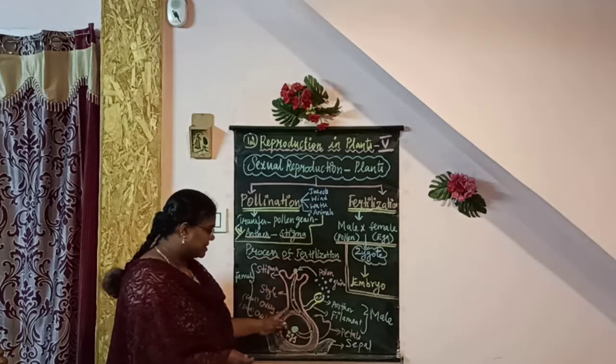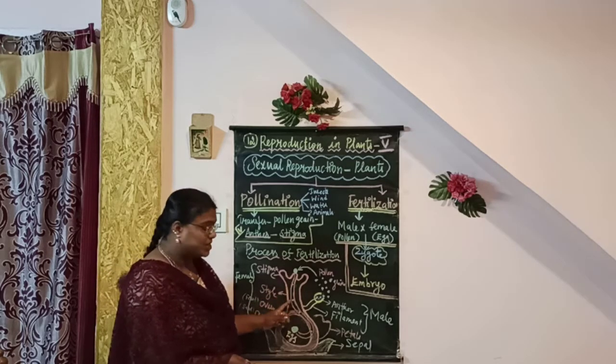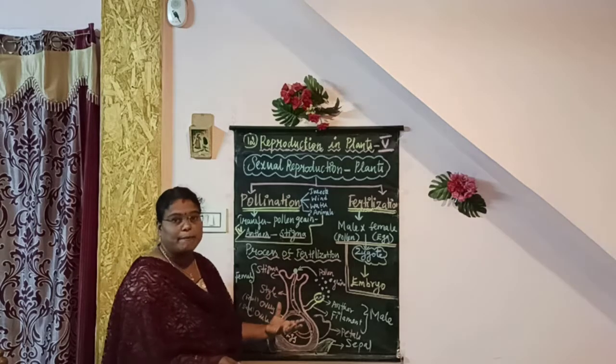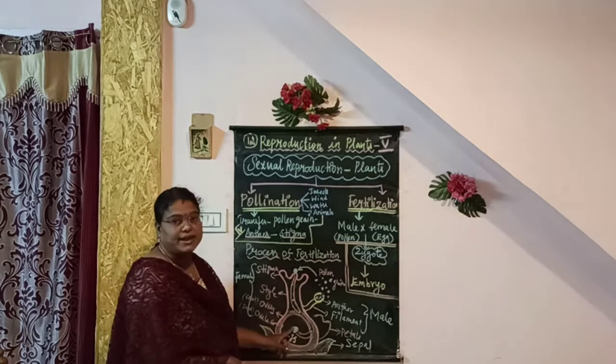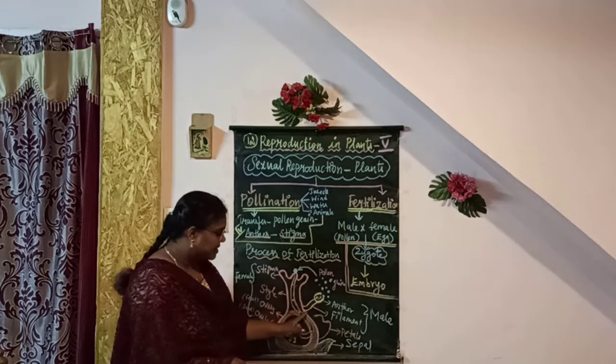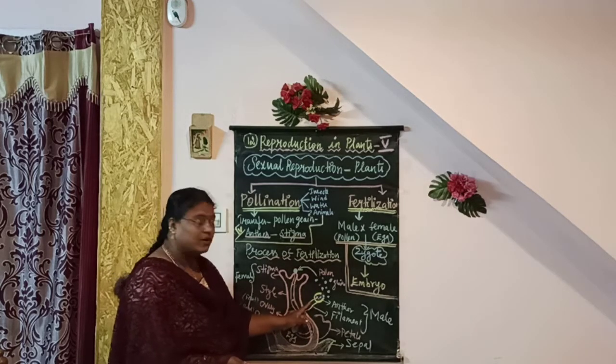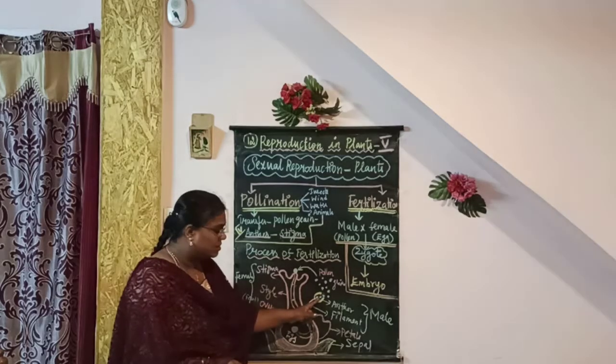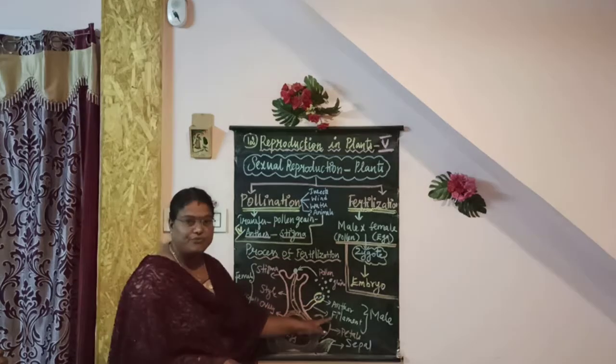And this is style, which is a tube-like structure which connects stigma and ovary. Ovary is the bottom part which consists of egg inside. And this is the male reproductive part called stamen, which consists of a bag-like structure called anther and a tube-like structure called filament.